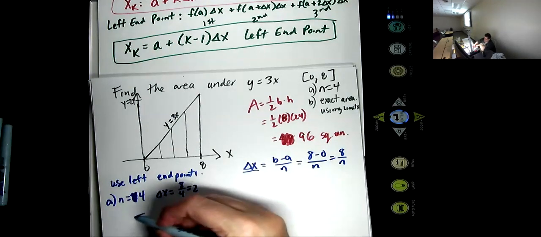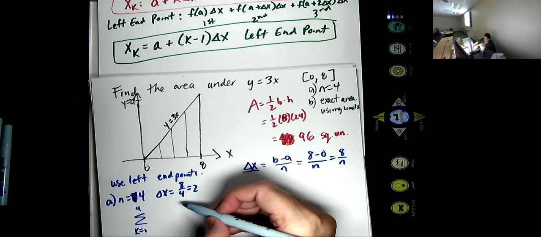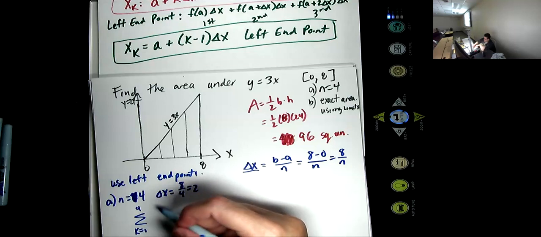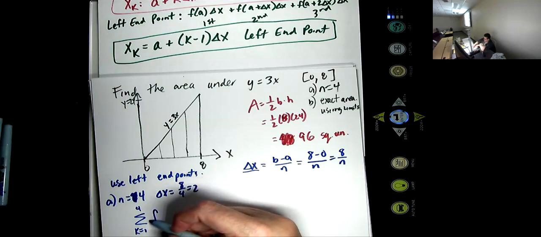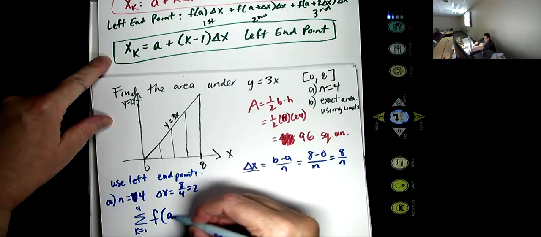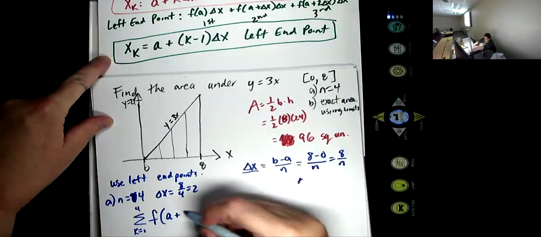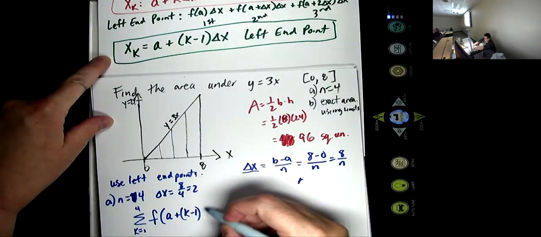So we have the summation from k equals 1 to 4. We want to do f of the left endpoint, which is a plus k minus 1 delta x. I gotta leave k minus 1 in there because k is what we're going with. Delta x is 2.